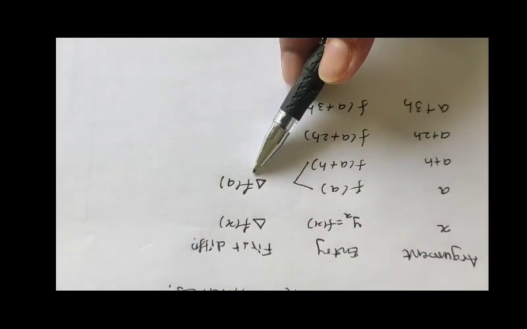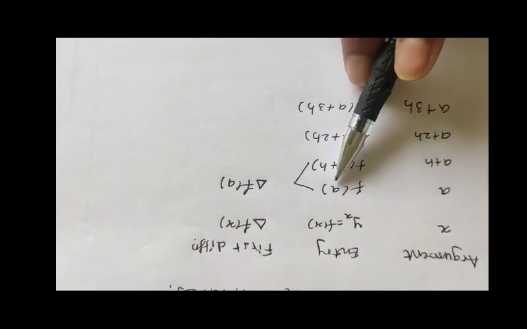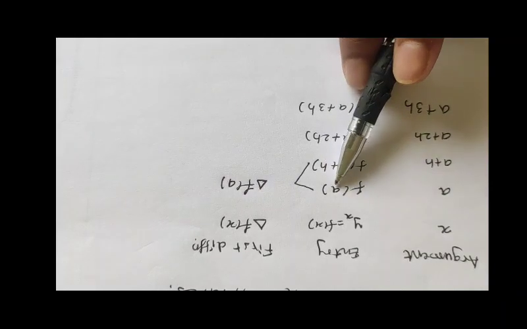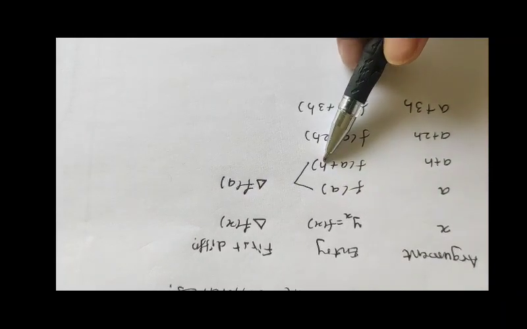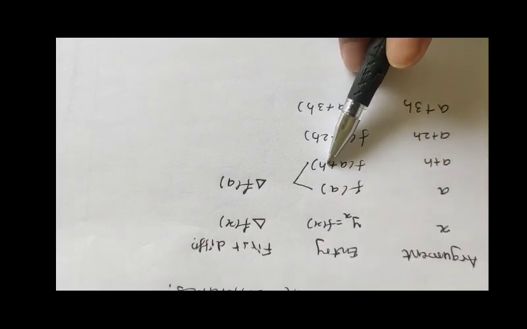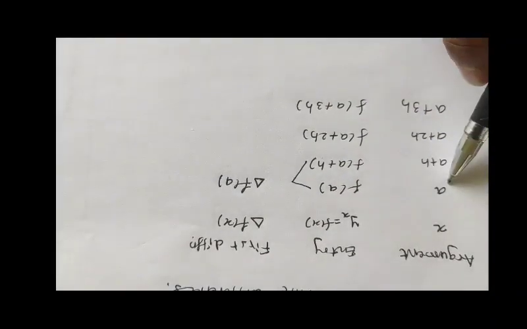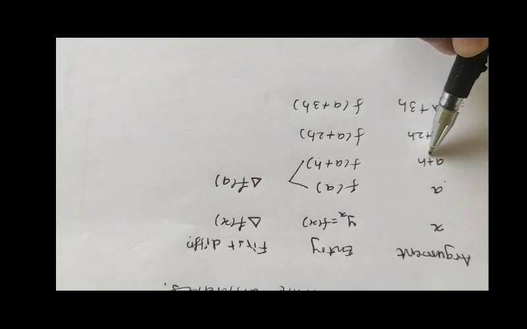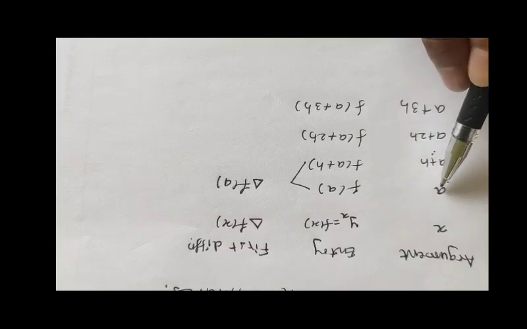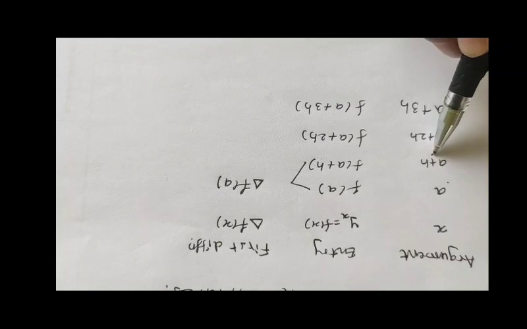Delta of f of a is nothing but f of a plus h minus f of a. Here the element a increases by h. A is the initial number, next is a plus h.